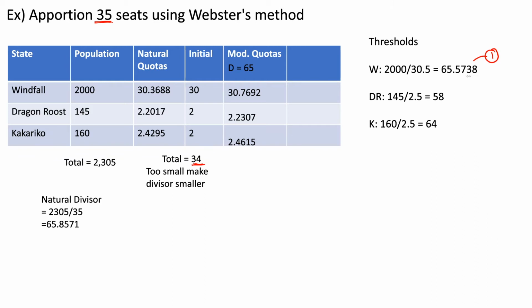We could also make it a little bit smaller. As long as we don't make it smaller than 64, that should still be a good guess, which is why 65 ended up working here, and if you tried to do this with 64, you would end up giving out too many seats. So this is how we get our final allocation of 30.7 rounds up to 31, 2.2 and 2.4 both round down to 2, giving us 35, which works out.